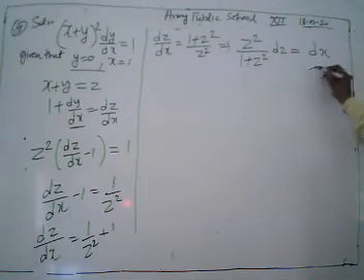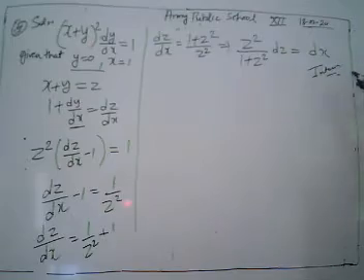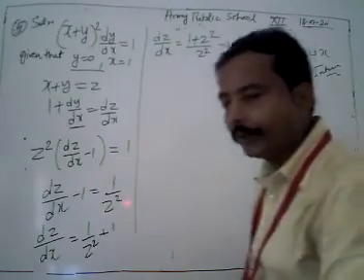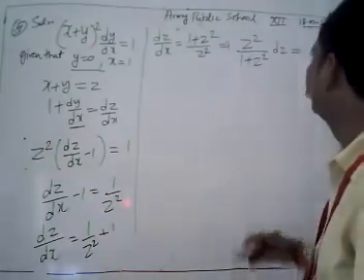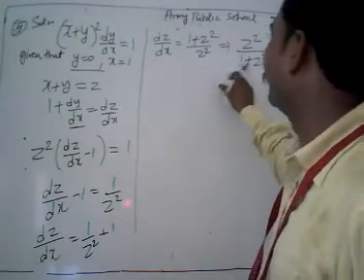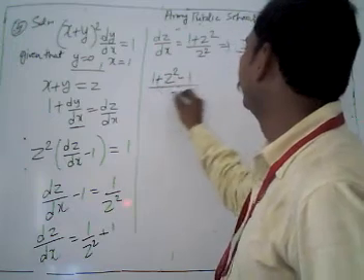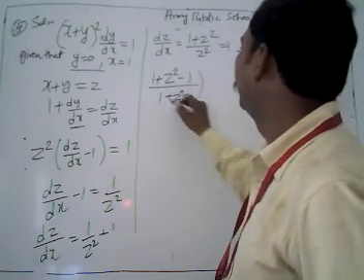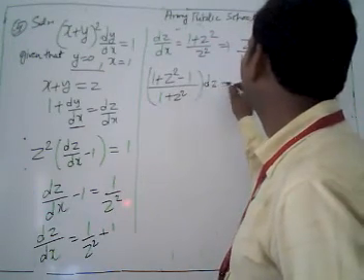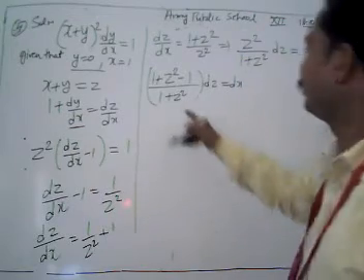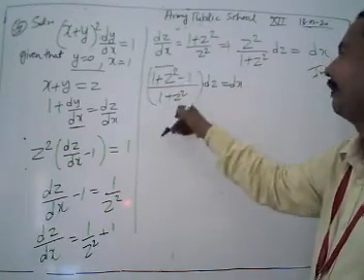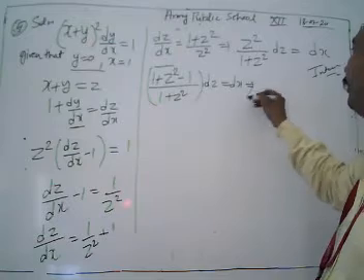Now we are going to integrate both sides. Look what we have: z square upon 1 plus z square. Then we add 1 and subtract 1, dz is equal to dx. Now if we divide by 1 plus z square, what do we have?